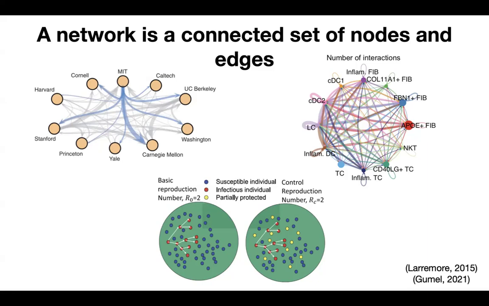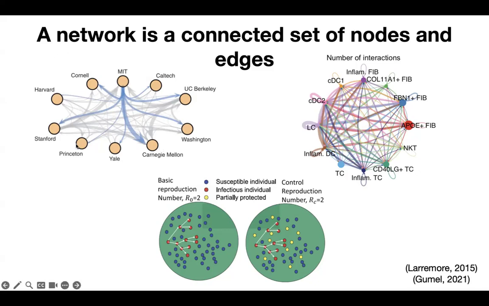And so before we dive into how this works, I wanted to talk a little bit more broadly on what a network is and how it works. And so a network is a connected set of nodes and edges. So nodes are these dots in all of these figures, and the edges are the interactions between the different nodes.